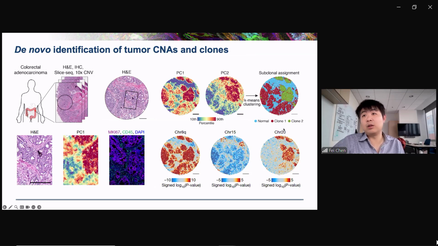This distinct subclone is highlighted by a chromosome 20 gain. They all have strong chromosome 8q gains because this is a MYC-driven tumor. And you can see that this matches up with the histology, where MKI67 corresponds to the regions of high tumor cell density.